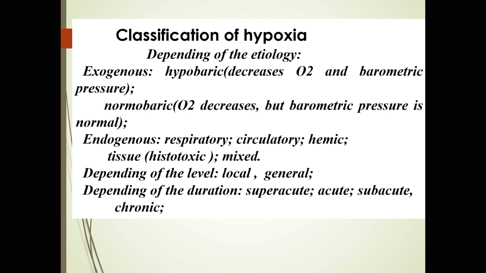Endogenous hypoxia has several forms: respiratory form, circulatory form, hemic form, tissue, and mixed form. Depending on the level, it has a local and general form. Depending on the duration, there are superacute, acute, subacute, and chronic forms.